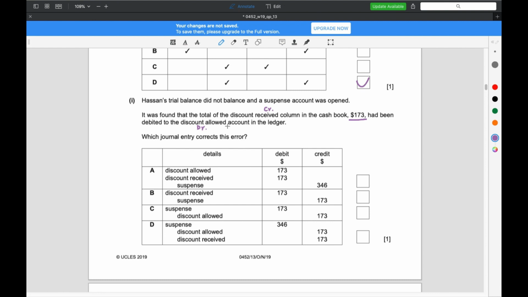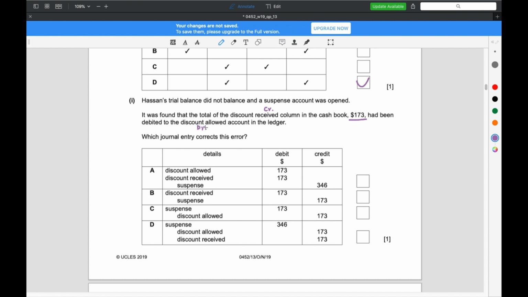Now the discount received is an income, all right? If you have to pay less, then that's an income for you. So a discount received is credit in nature because it's an income, and a discount allowed is actually an expense. If you give somebody a discount, it means that they have to pay you less, which means that is going to be an expense for you. So that means that discount allowed is going to be a debit account.